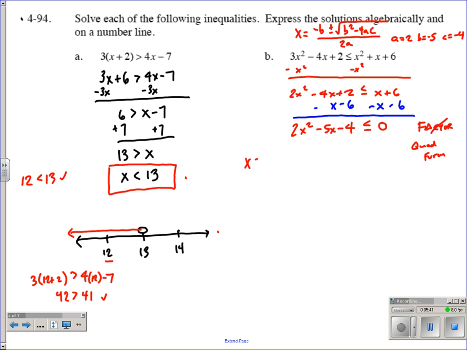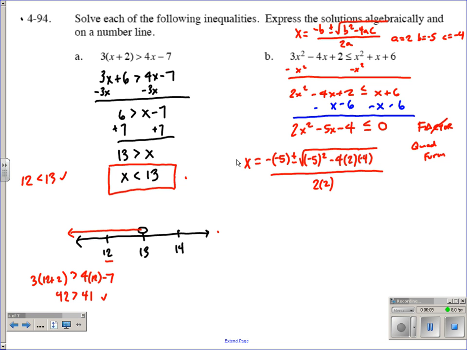So x equals the opposite of negative 5 plus or minus the square root of negative 5 squared minus 4 times 2 times negative 4, all over 2 times 2.